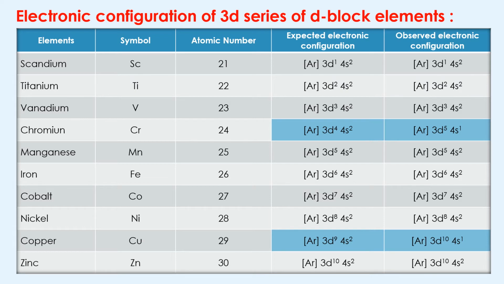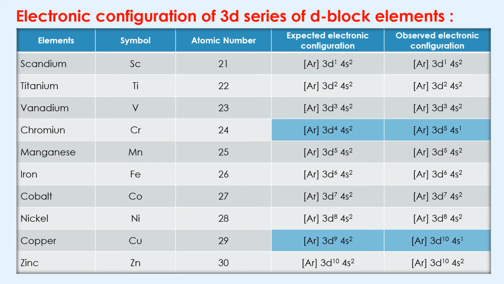The expected electronic configuration is argon 3d1 4s2, and the observed is also argon 3d1 4s2. Both are one and the same.